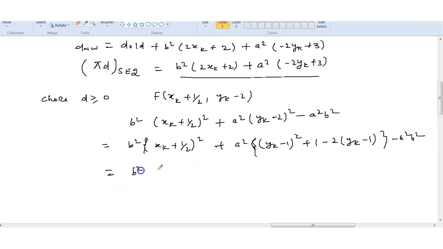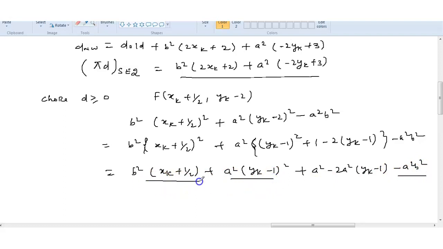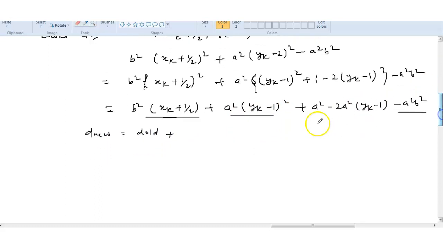So we can write b square xk plus half plus a square yk minus 1 whole square plus a square minus 2a square yk minus 1 minus a square b square. So this part and this part are just like your d old. So d new is equal to d old. The next term left here is a square minus 2a square yk minus 1.